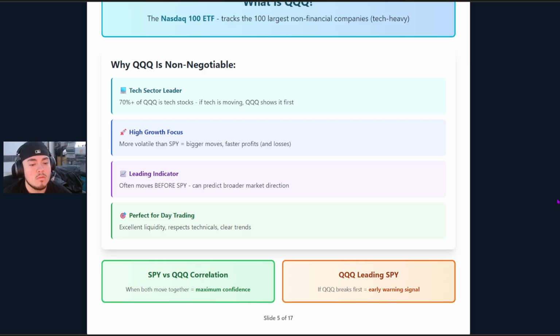Negative 60% from the highs. Now, if a stock is going negative 60% from the highs, that's a very volatile move. Imagine buying the stock at the highs and owning it, and you're down 60% on your investment. Or imagine shorting it. Huge potential moves. A highly volatile sector gives you super volatile moves. It's more volatile than SPY, bigger moves, faster profits, in QQQ and also within the sector as well.